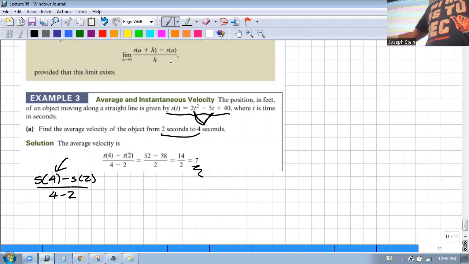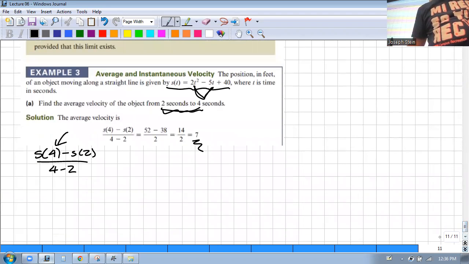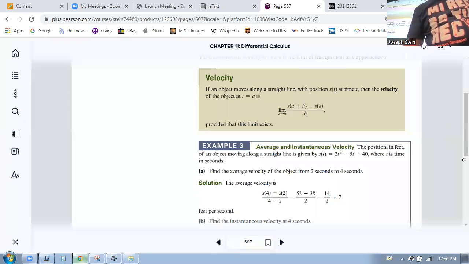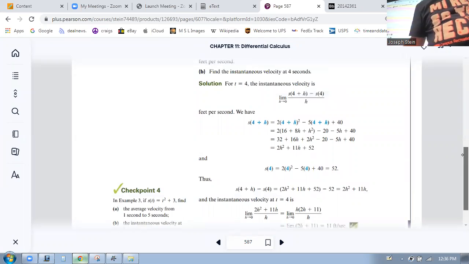All right, that's the same as example 1 though. Looking at the average velocity over a given amount of time, right? Oh, the instantaneous. Part B, that's what we want.